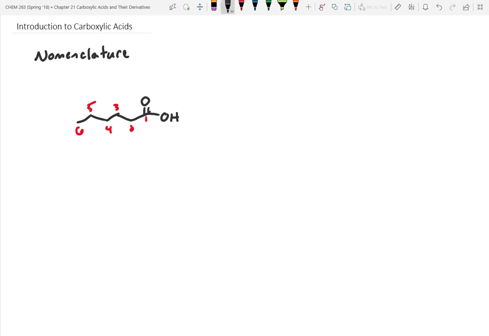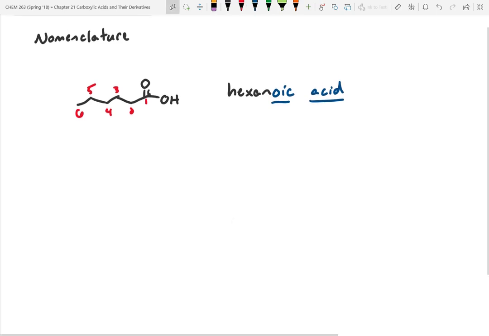So when you go to name this, you're still going to have hexane as your prefix to indicate all 6 of those carbons. And then for your suffix, you're going to change this to an oic acid. So that's really the base naming for most carboxylic acid derivatives with a few exceptions. And so we'll go into some of those exceptions that are more common.